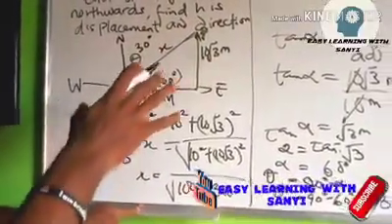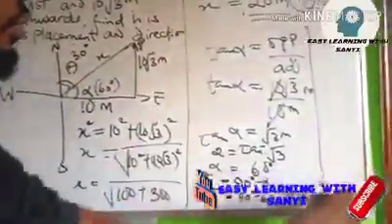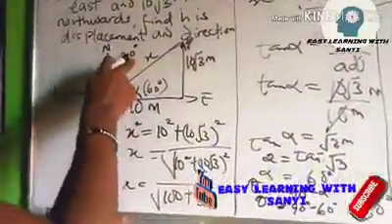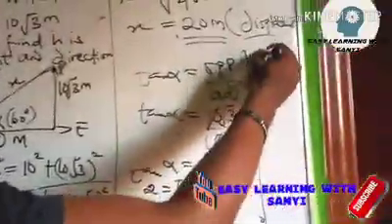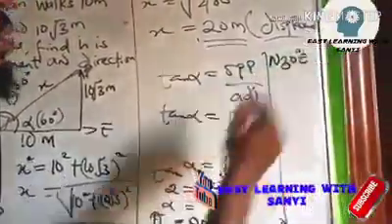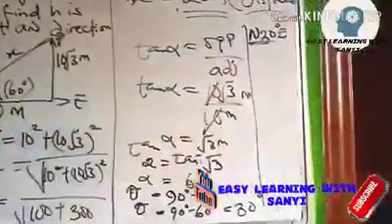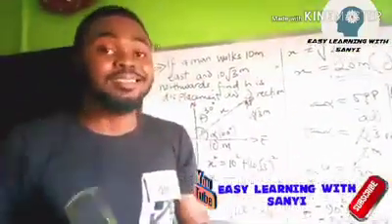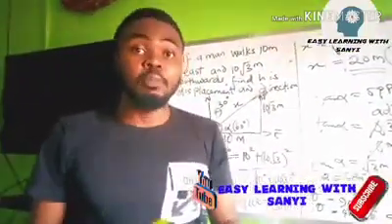From what I taught you earlier about how to find direction, we know this man is moving north 30 degrees east. That is his direction, this is his displacement, and that is what I wanted to clarify from the last tutorial.